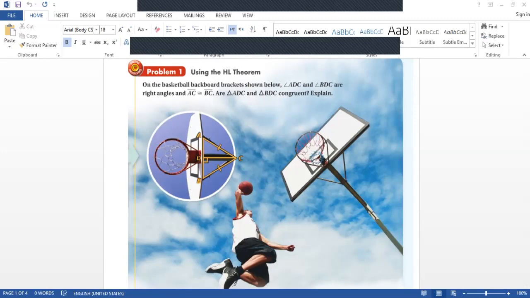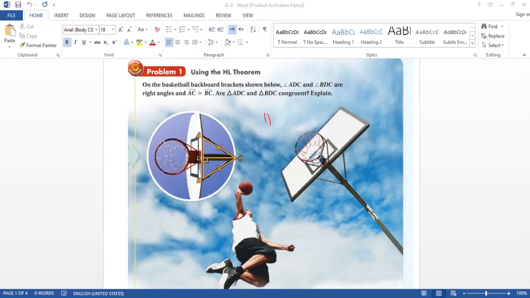Let's find our conditions. Condition number one, angle ADC is congruent to angle BDC because each one of them is 90.